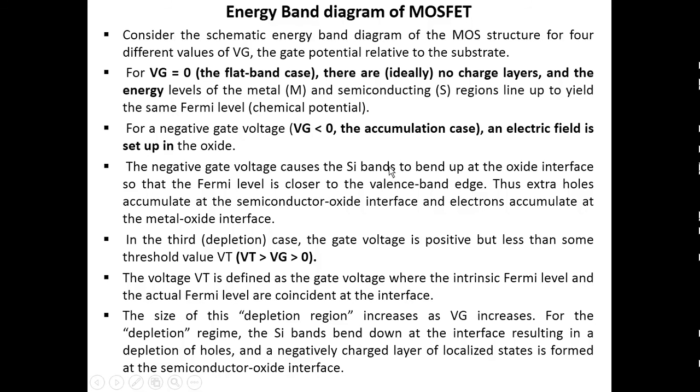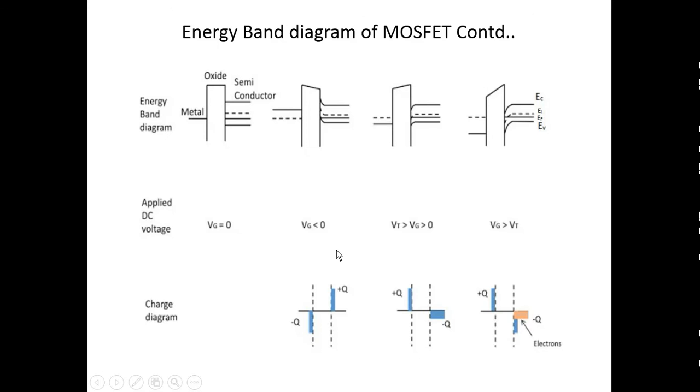This is the Fermi level, this is the valence band, and above this is the conduction band. So here the Fermi level is closer to the valence band for this particular condition.